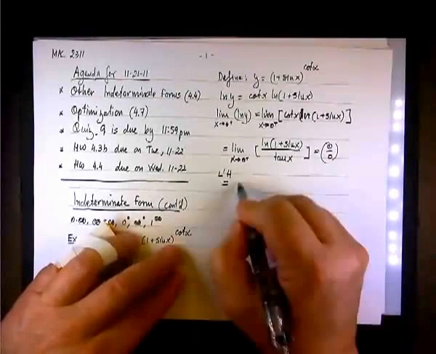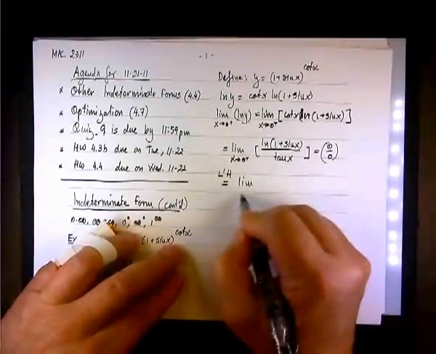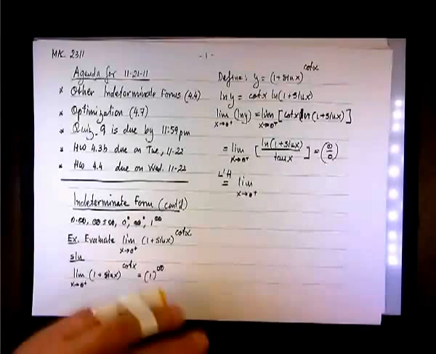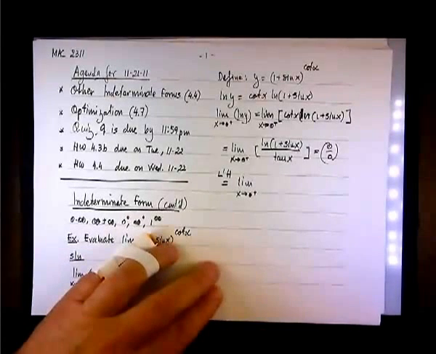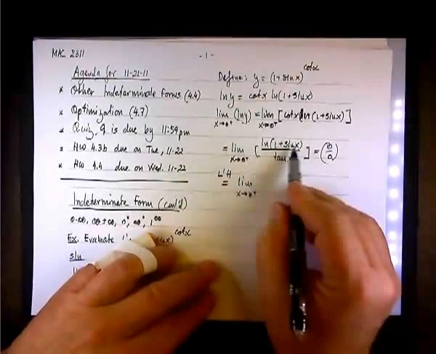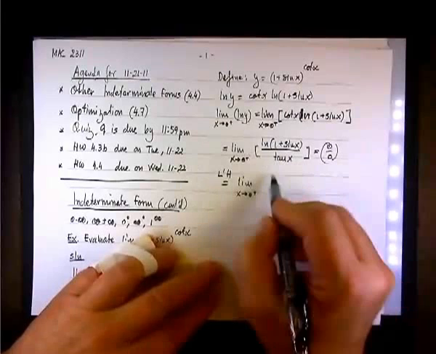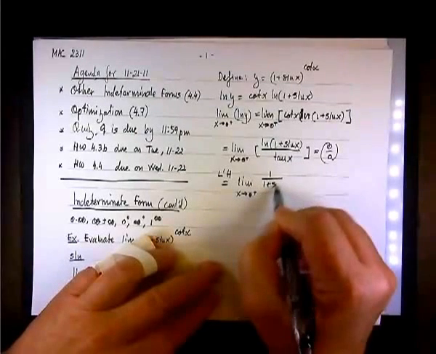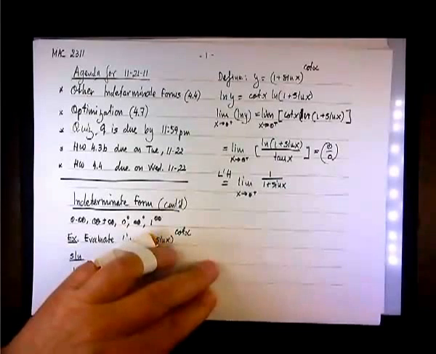So I'll write here the limit, and now we'll take the respective derivatives. So the derivative on top: natural log of anything will be 1 over whatever the argument of the natural log.